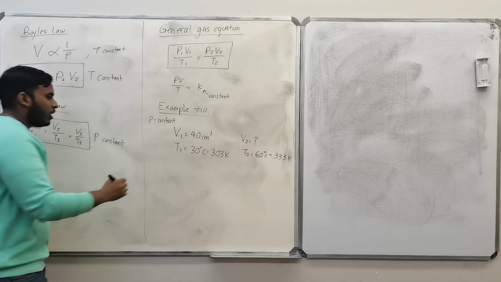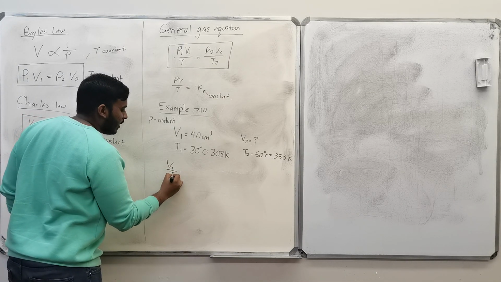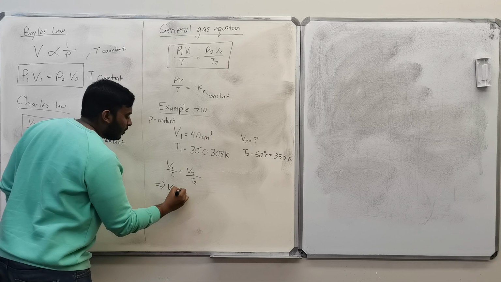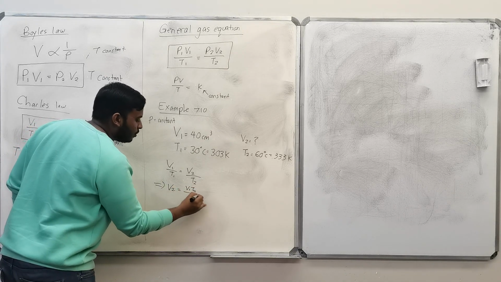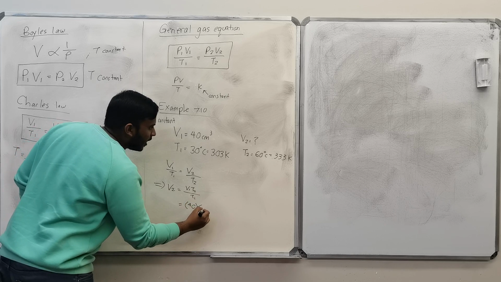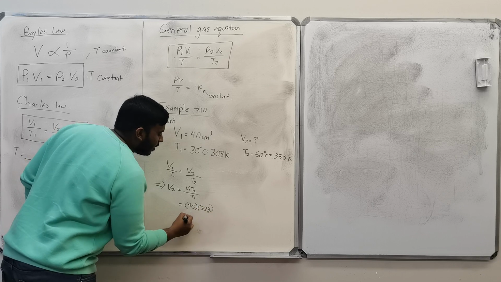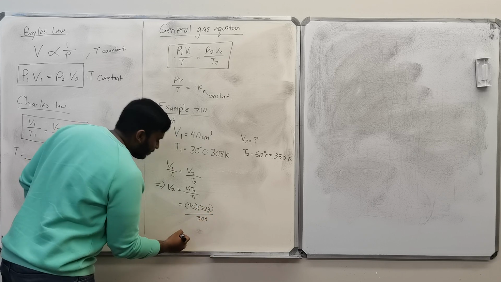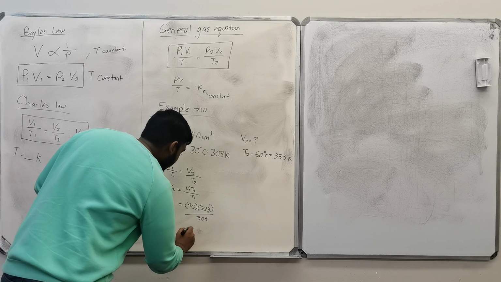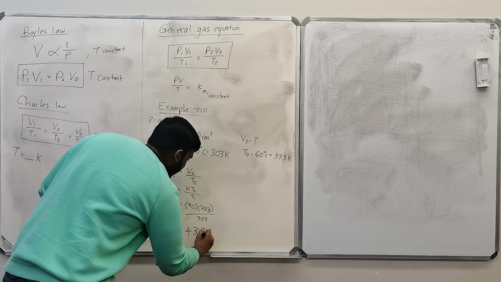So using Charles' law, which says that V1 over T1 is equal to V2 over T2, if I make V2 the subject of the formula, I'm left with V1 T2 all over T1, which is 40 times 333 all over... which is 43.960.